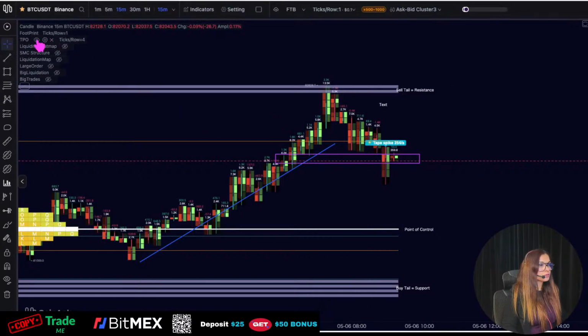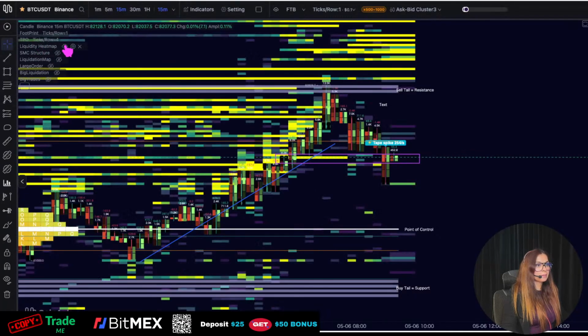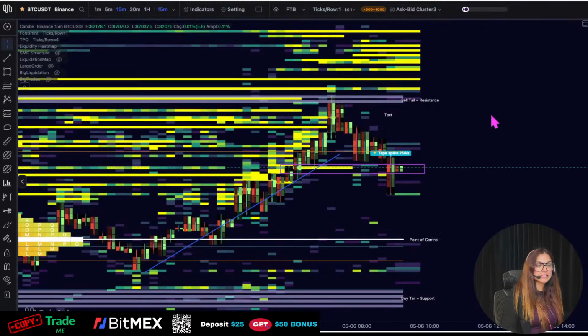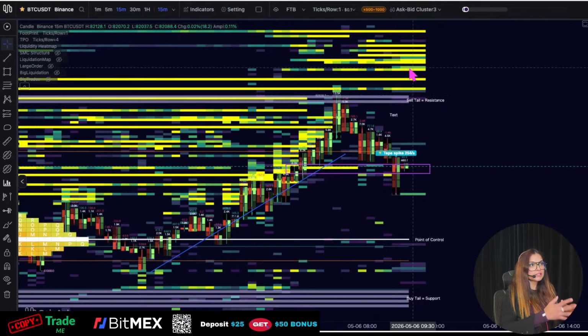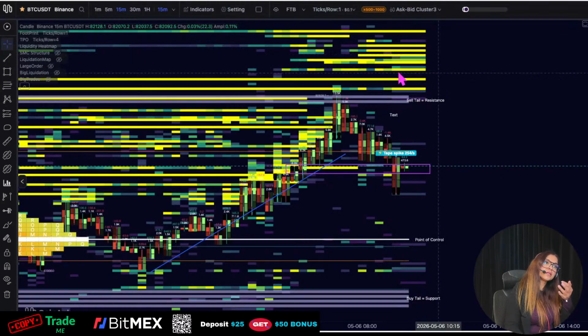All right, so let's leave the TPO, let's leave the footprint, or actually remove it. So, liquidity heat map. This is where money is sitting. The liquidity heat map will show you where orders are resting, waiting to be filled. Above price will be short orders and below price will be long orders waiting to get filled.